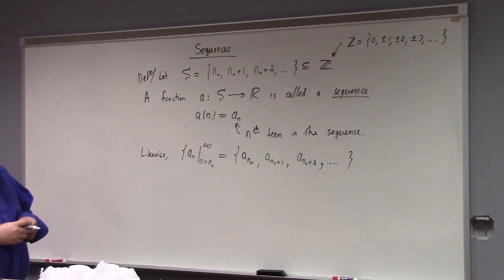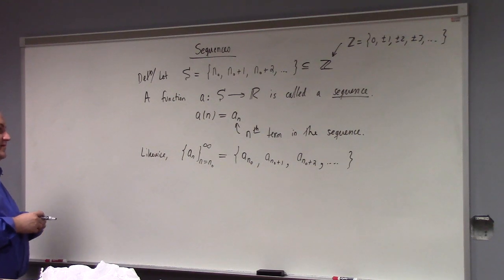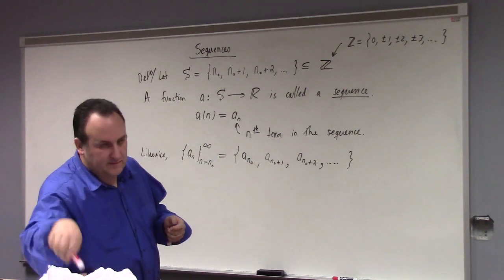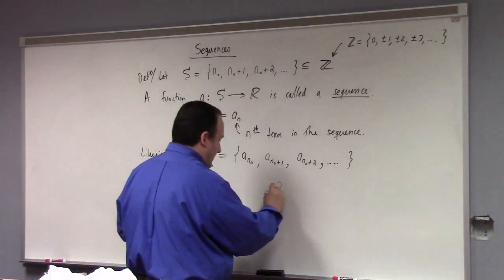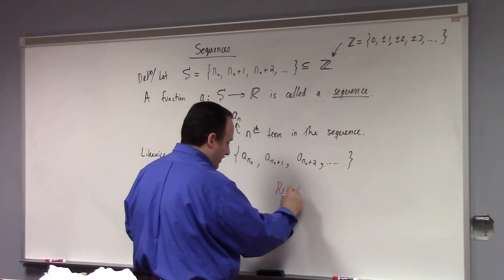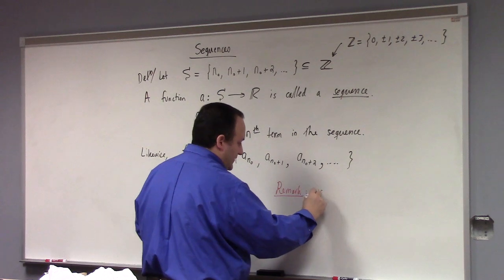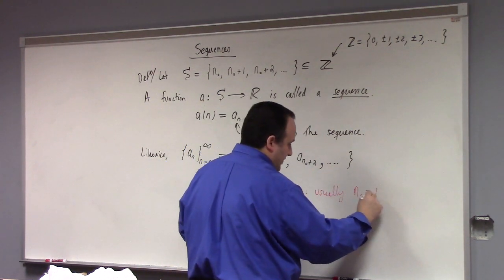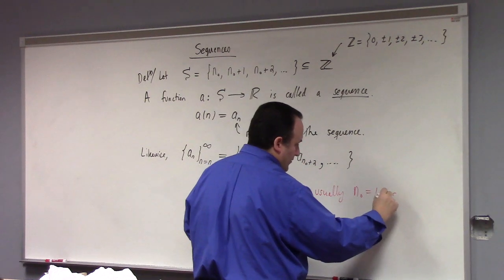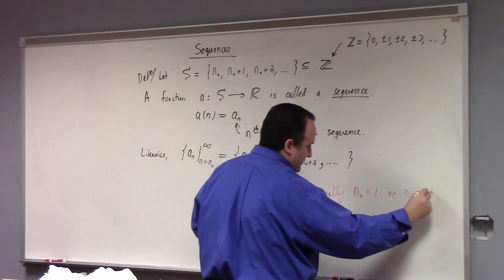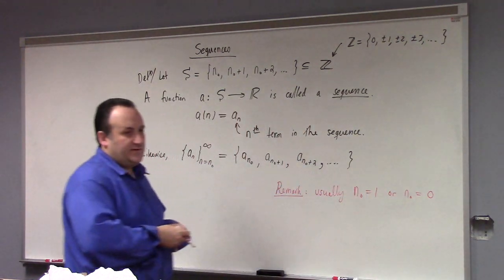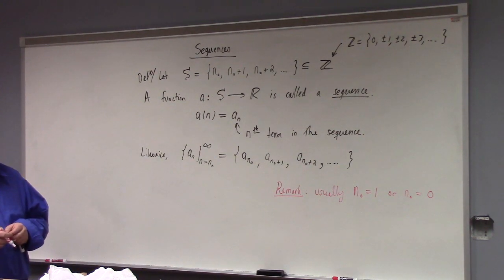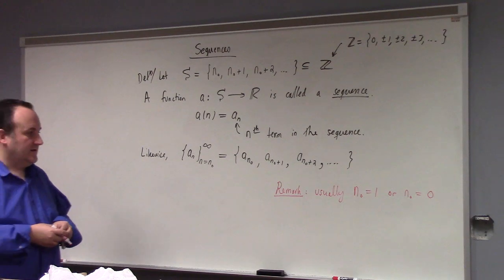So I guess I should comment. A lot of mathematicians, right? Well, let me just say this. Usually we have n naught equals 1 or n naught equals 0. A lot of times, the first number that appears is just either 1 or 0.